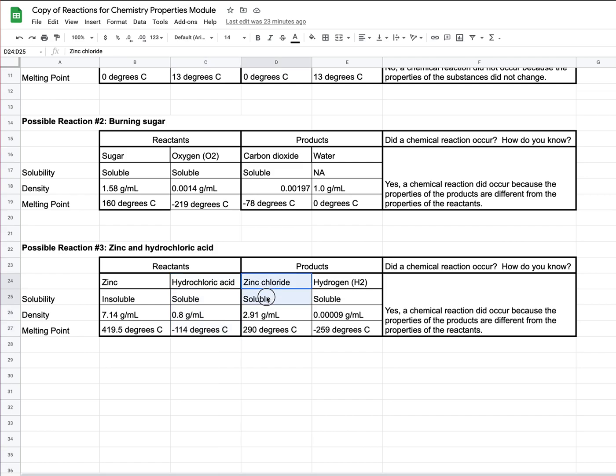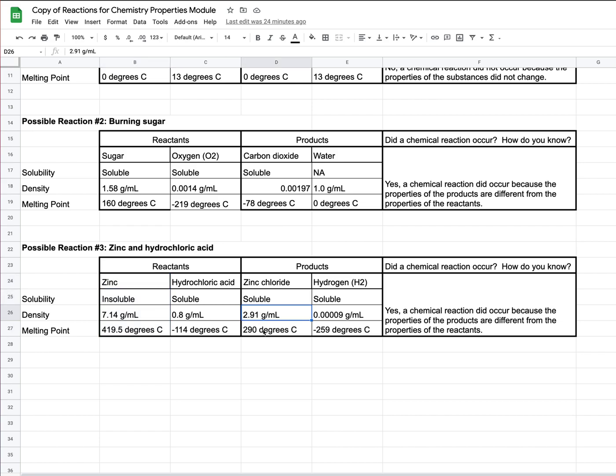Well, zinc chloride is soluble. So zinc goes from being insoluble to being soluble as zinc chloride. Density 2.91 grams per milliliter, melting point of 290. Properties of zinc chloride are definitely different than the properties of hydrochloric acid or zinc.